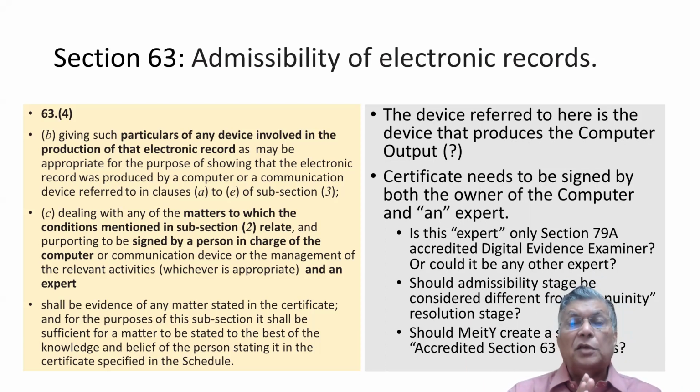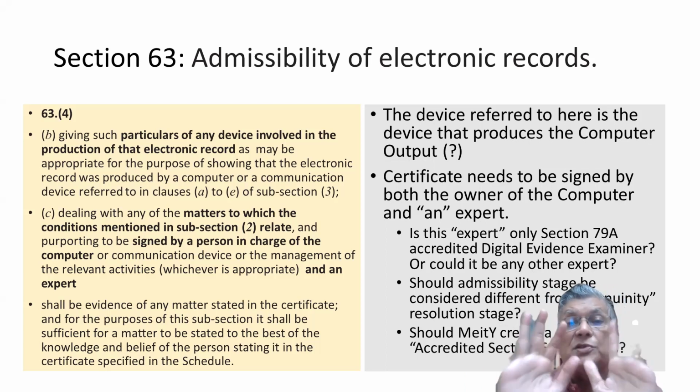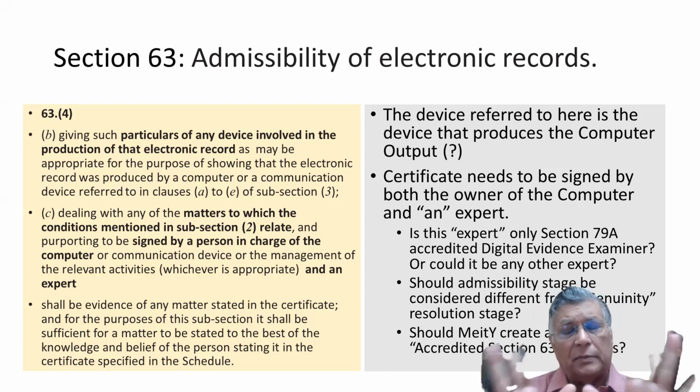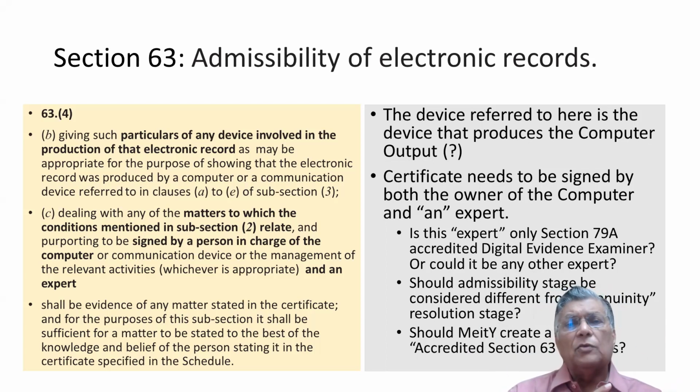Okay. Now, if you recognize that we are talking of one computer output, and that one computer output is the final document which is visible to the observer after whatever processes have been done in one or more computers, then there is only one document, one computer from which it is easy to take the certificate.